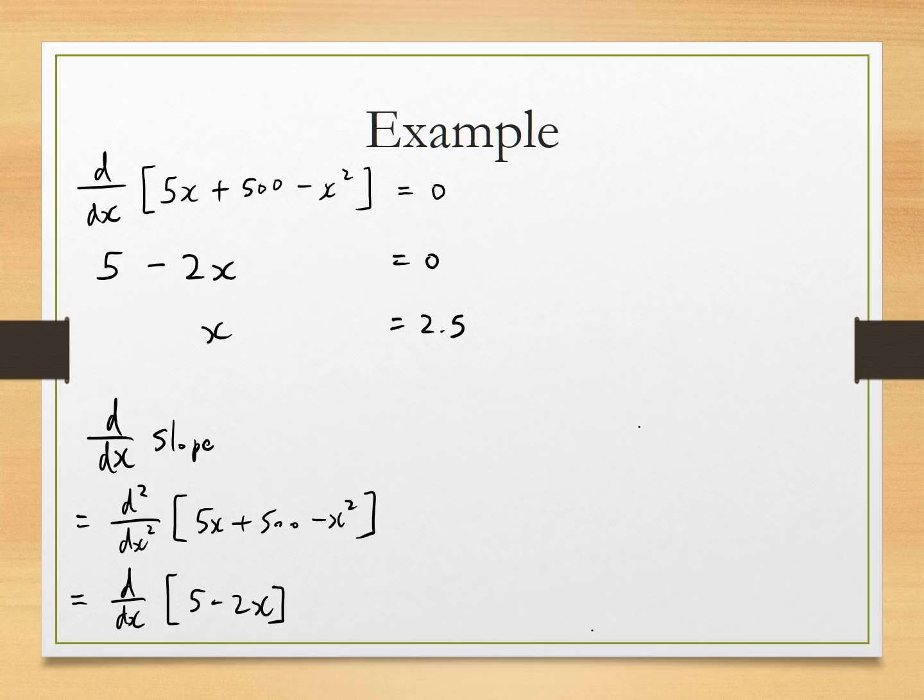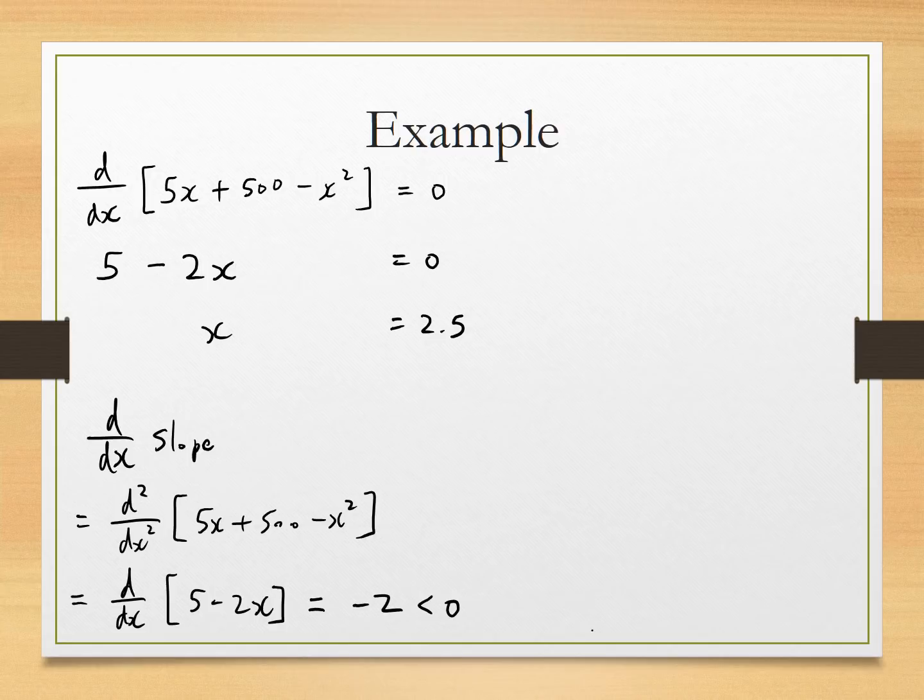So that's what we're going to do. Take the derivative of 5 minus 2x, and once again, what you're doing is using a sum rule, then the derivative of a constant, then the multiple rule, and so on. What you get is negative 2, which is smaller than 0.